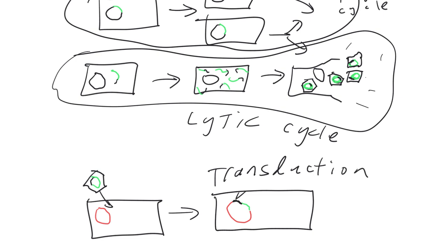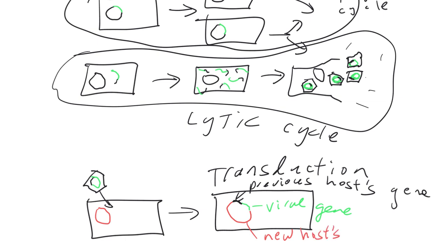So this is the previous host cell, the previous host genes, maybe one gene or two genes gets ripped off. This is the viral gene, and there's the new host gene. Okay, so this idea of getting the previous host genes incorporating into your genes, the new host genes, is called transduction.